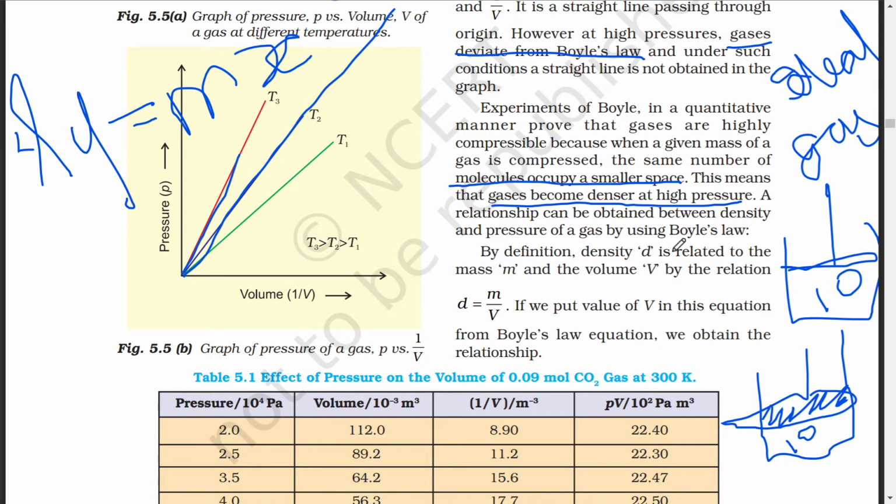Right? A relationship can be obtained between density and pressure by using Boyle's law. By definition, density is related to mass and volume by the relation: density is equal to mass by volume. This formula is important. If we put V in this equation from Boyle's law equation, we obtain a relationship.